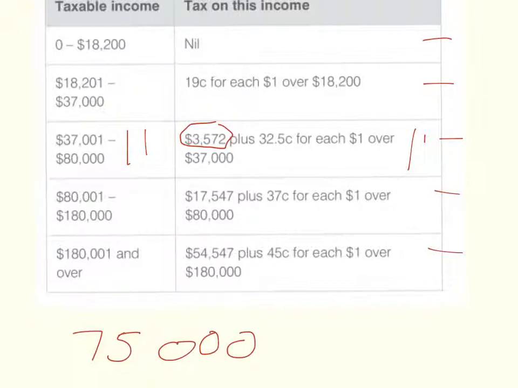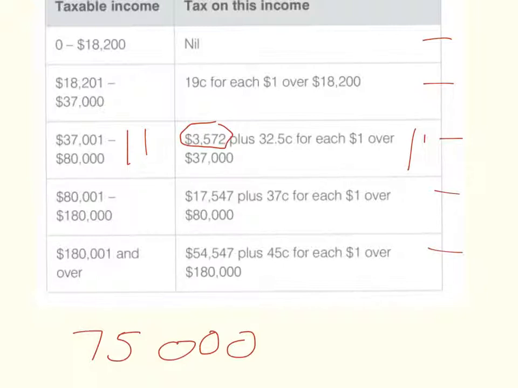So 3572 plus 75,000 minus 37,000 times 0.325. We can just chuck that straight on our calculator, and we get 15,922.